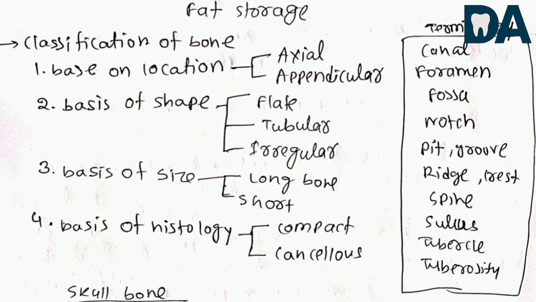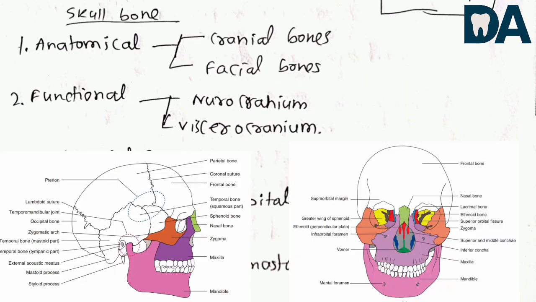Cranial bones are bones that enclose the brain, and cranial bones are 8 in number. Those are ethmoid bone, frontal bone, occipital bone, parietal bone, sphenoid bone, temporal bone.